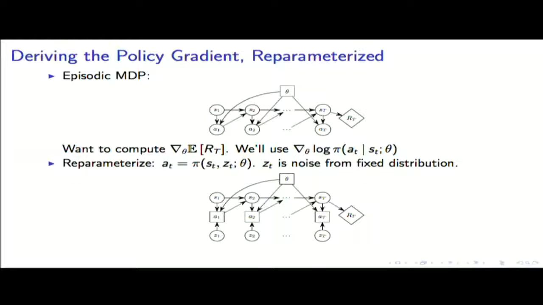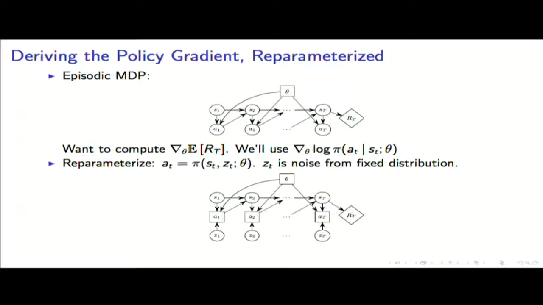So now let's look at how we can reparameterize it more like the pathwise derivative estimation method. So let's say now we try to do that trick I just showed you, where we sample a random variable z from some fixed distribution, and we define the policy to be some deterministic function that takes in the policy parameter, the current state, and the noise. So can we do a policy gradient that way?